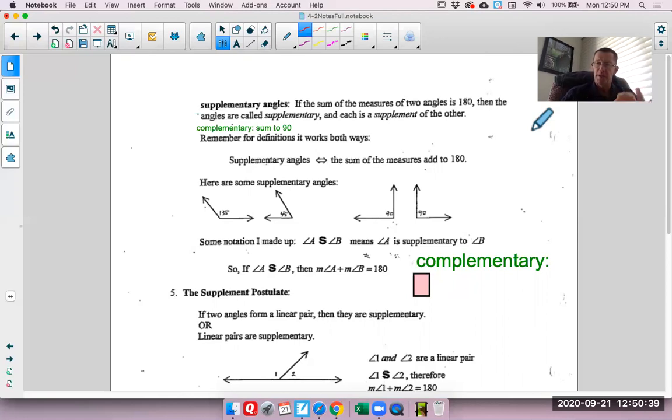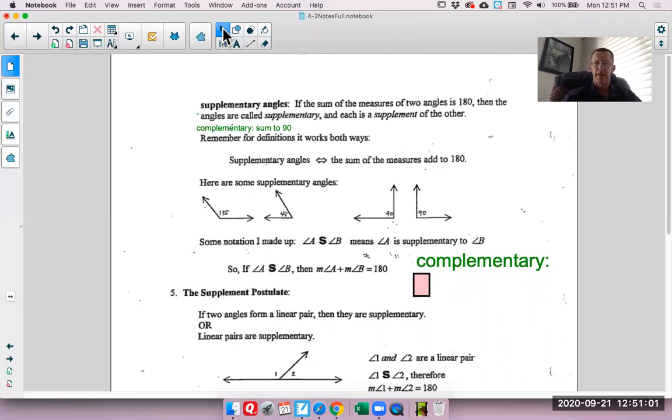So like two C's make an S. So there's 90, there's a C, and then there's another 90 to make an S. It's there to remember. S, 180. C is kind of half of an S, 90.